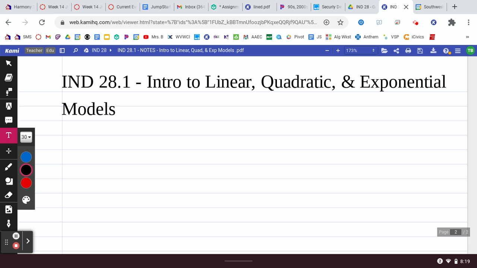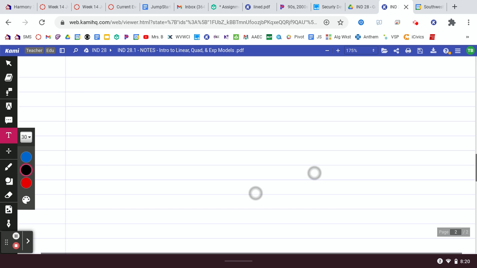Does it look like a straight line? Does it look like a quadratic, or does it look exponential? And then tomorrow we'll look into how to look at data from a table, and without graphing it, just being able to say whether it's linear, quadratic, or exponential, okay? So just as a quick intro, we're going to compare the three.